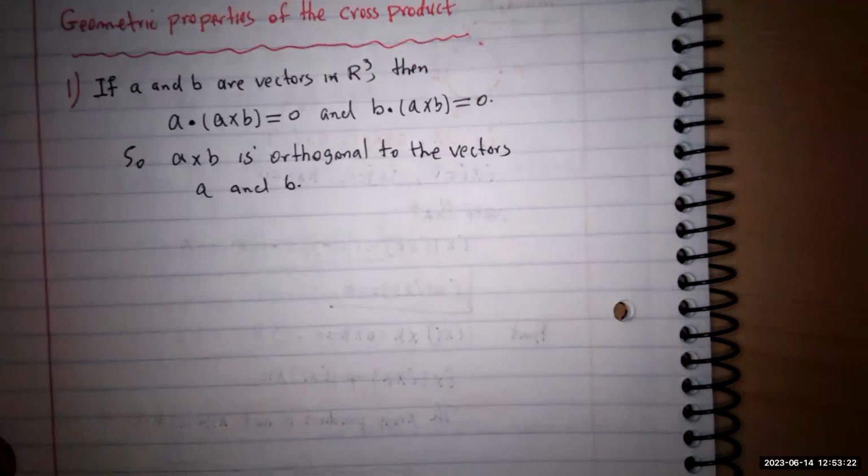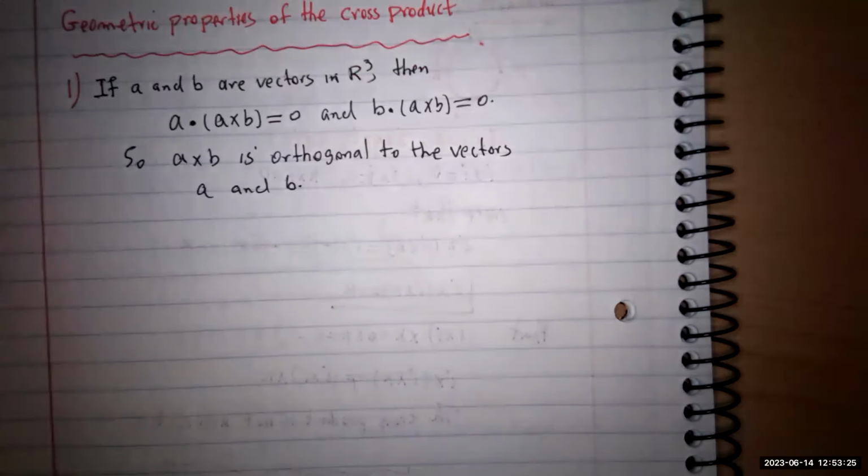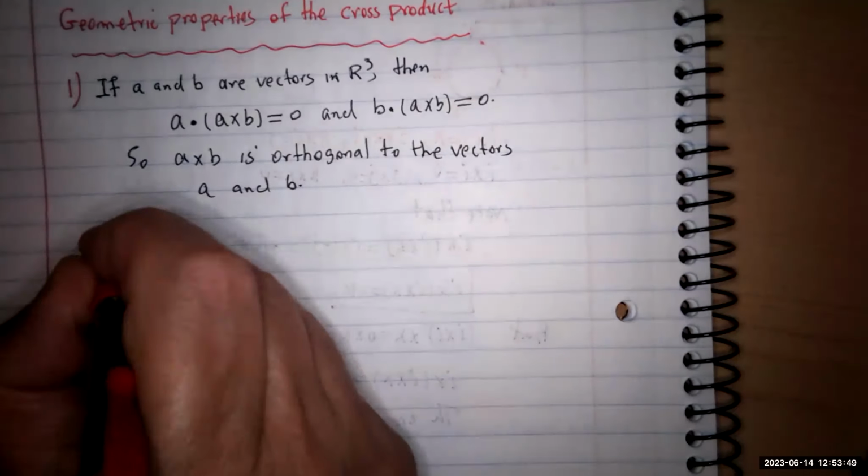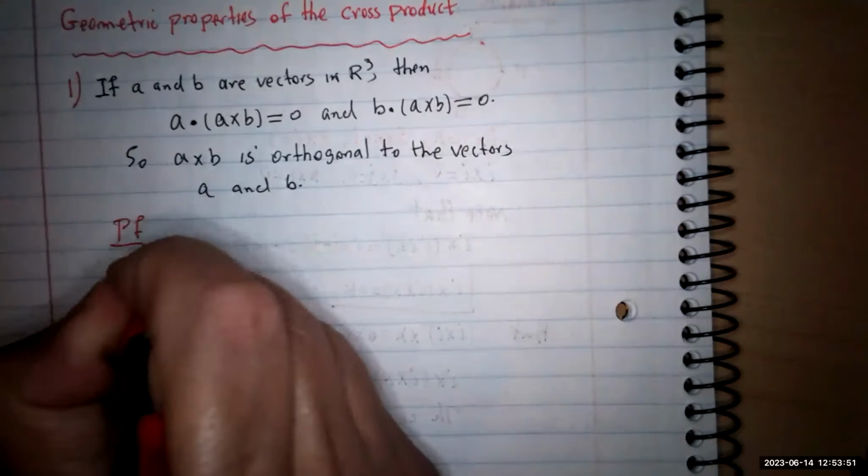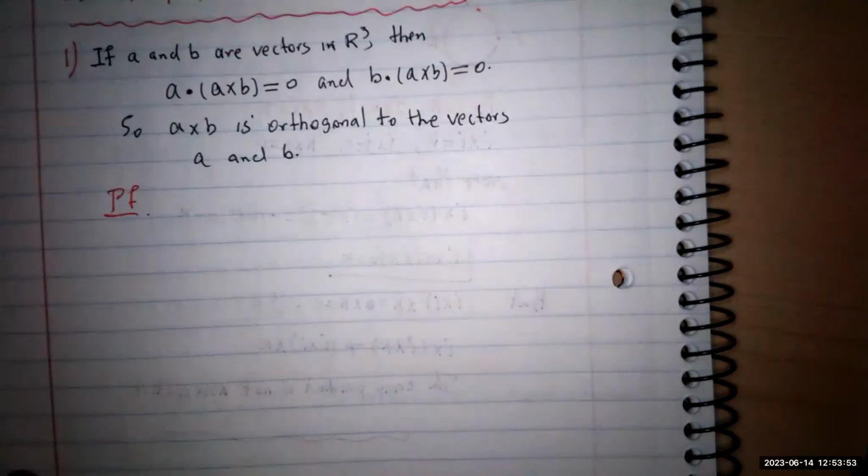The proof is very easy. You just have to rewrite it really to get this one through. I'll show you one of them to see how easy it is, but you have to remember this one. So if two vectors are given to you, and you are interested in a third one that's perpendicular to both given ones, the cross product is your answer. Just for your information, an easy proof, and that's it.